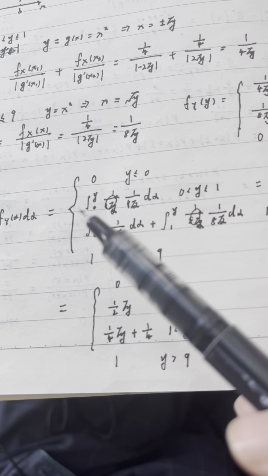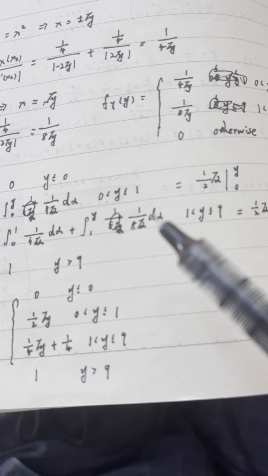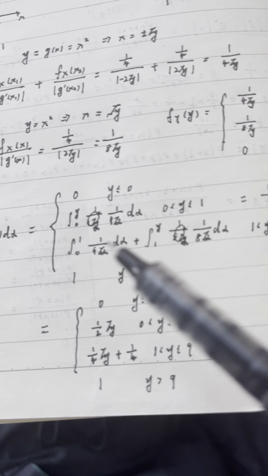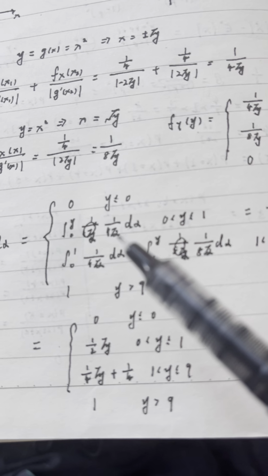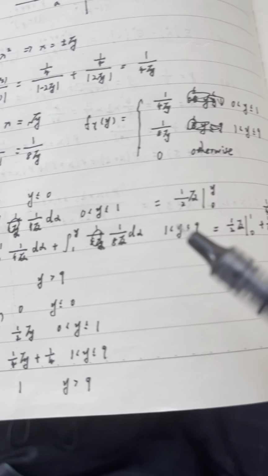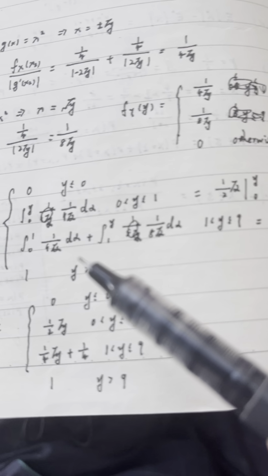When y is larger than 1 and less than or equal to 9, we have the distribution function of Y as this, and we calculate it.